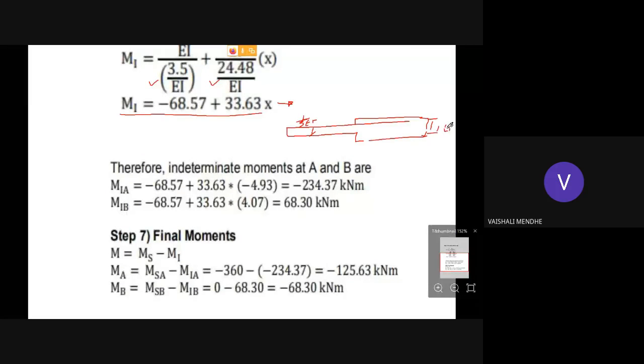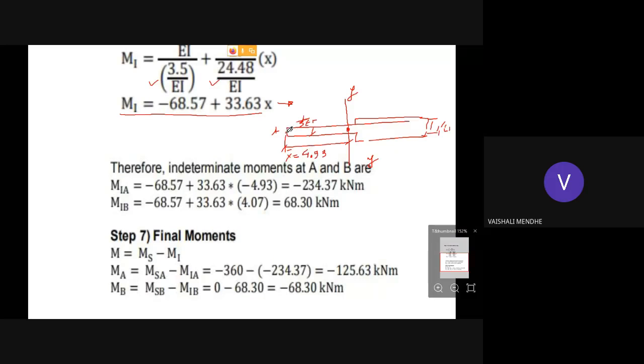So x bar is equal to 4.93. We have located that x bar. This is YY, and x bar we have located at a distance of 4.93 from point A. So this is x bar of the analogous column section. We have already done this step.